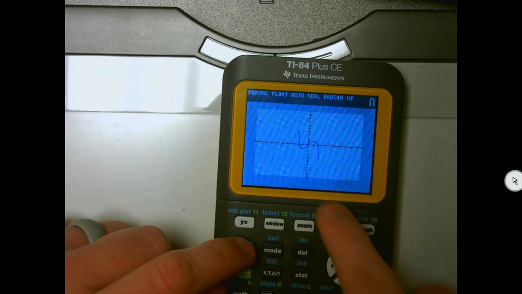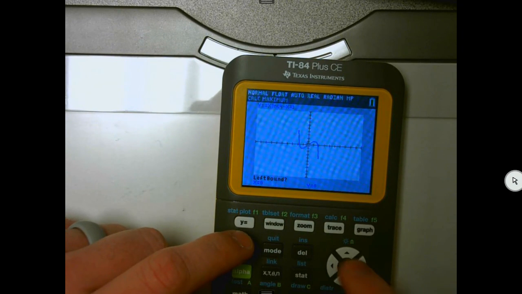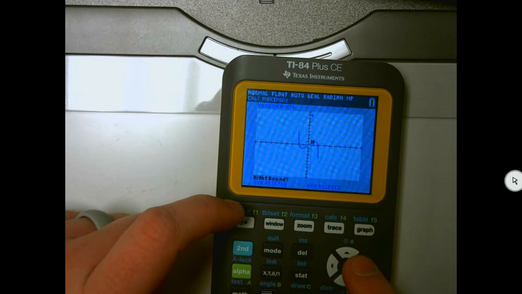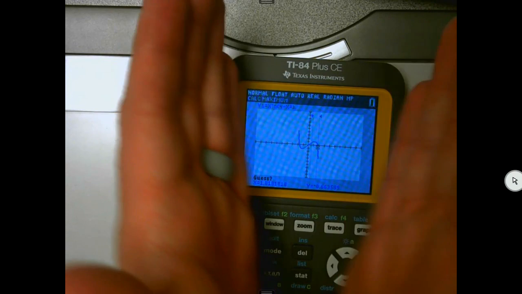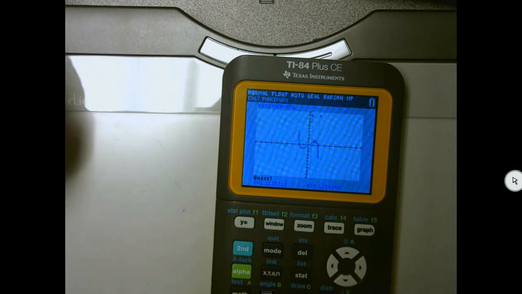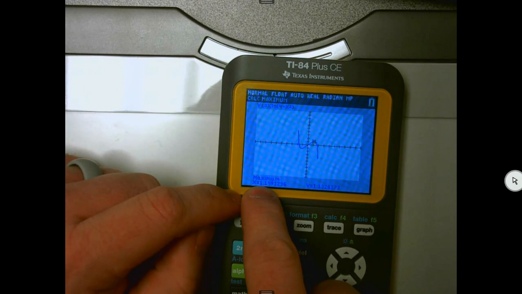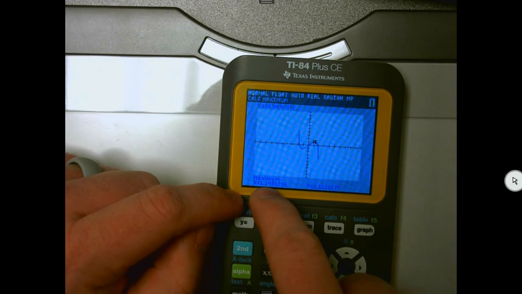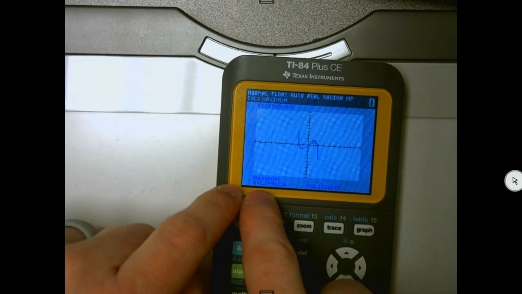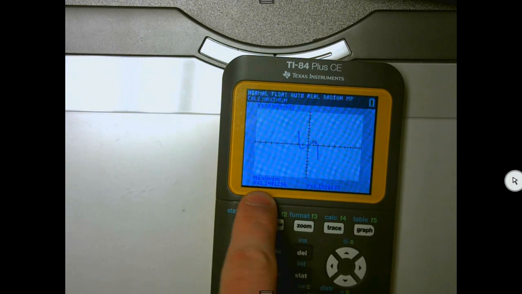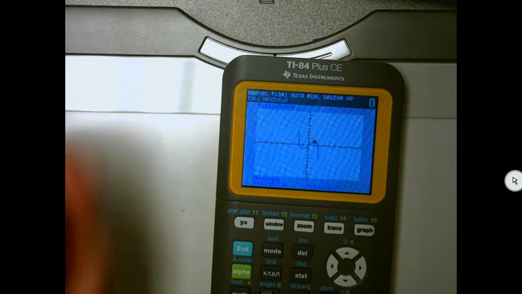So if I want to find this local maximum here, so that second calculate maximum, we're going to go to the left of it, hit enter. We're going to go over to the right of it, hit enter. And you can see it puts those two vertical lines sandwiching. Then it says guess, so you can come over here and be like, I think it's right there, hit enter. And it tells you that the maximum is at x being 1.15, and then the y is 1.13, which we plugged in 1.5 and 1, but this is in between. So it's kind of hard to see unless you choose every single value.